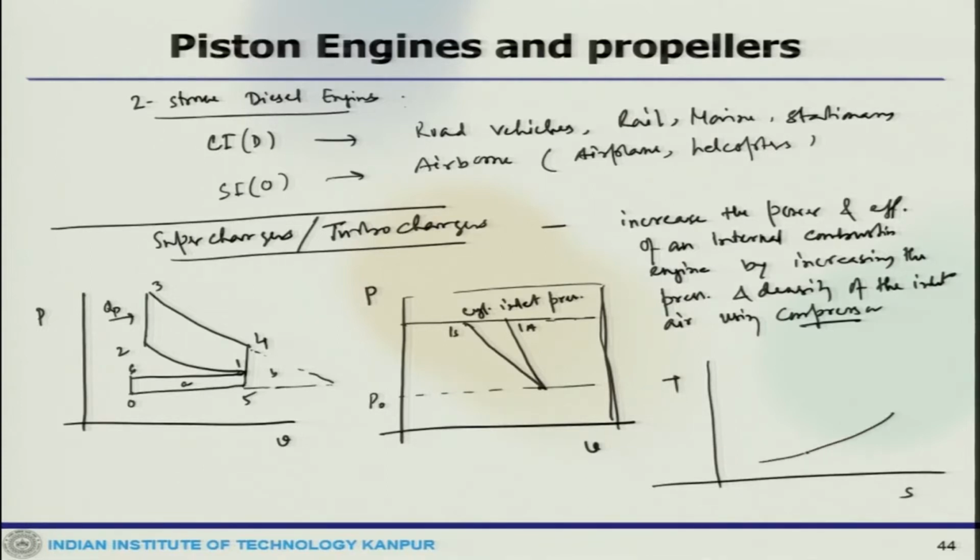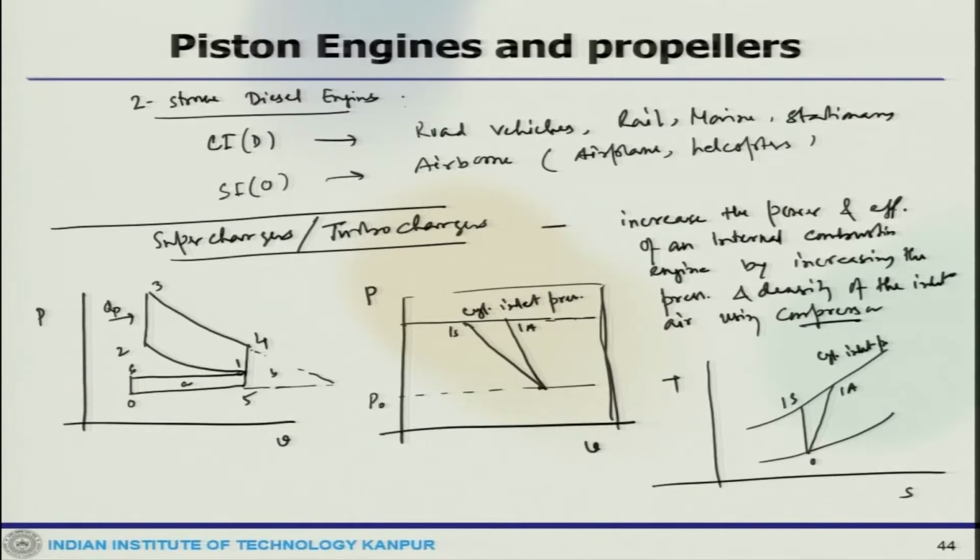And in the TS diagram, this is 0, this goes to 1s, this is 1a, this is the cylinder inlet pressure. Here the boost pressure P1 is greater than the ambient.